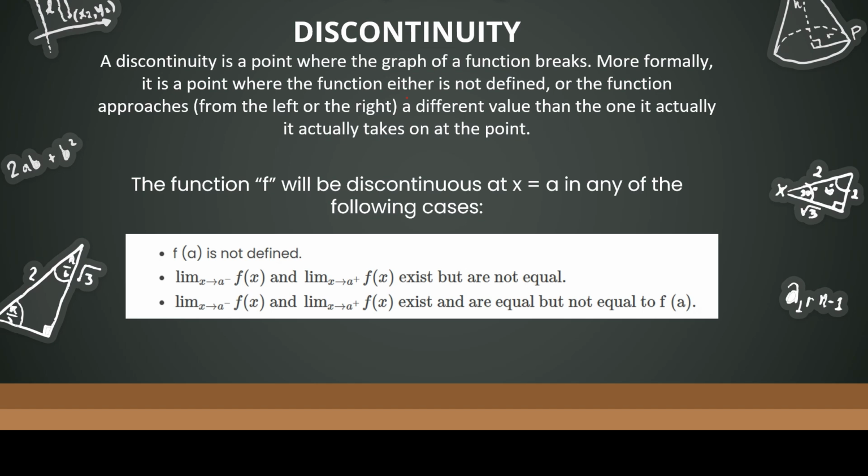The function f will be discontinuous at x equals a in any of the following cases. The function will become discontinuous if any one of our three conditions fails to be satisfied. If we fail the first one, then our function is definitely discontinuous because we fail to satisfy the first condition.